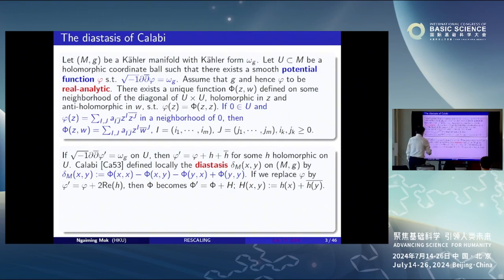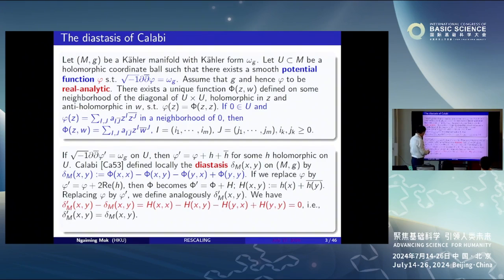So, phi(x,x) minus phi(x,y) and so on. Now, if you compare two potentials, phi and phi prime, then the difference is given by h, where h is a holomorphic function h(x) plus the conjugate of h(y).